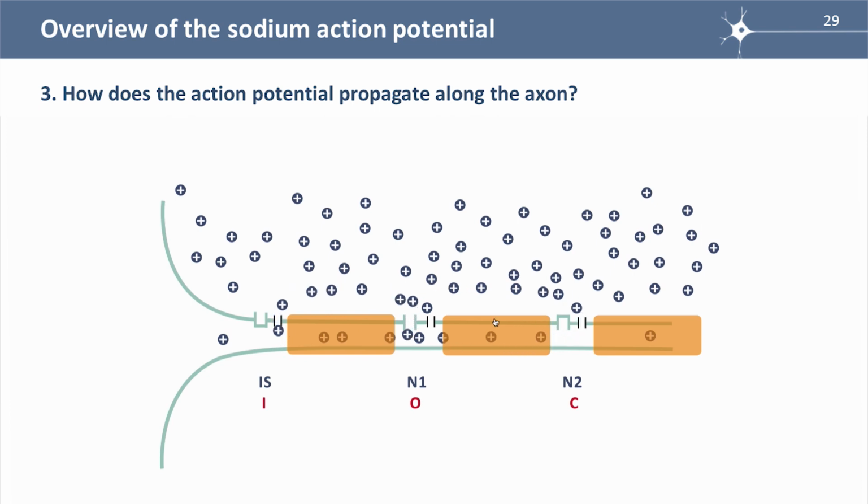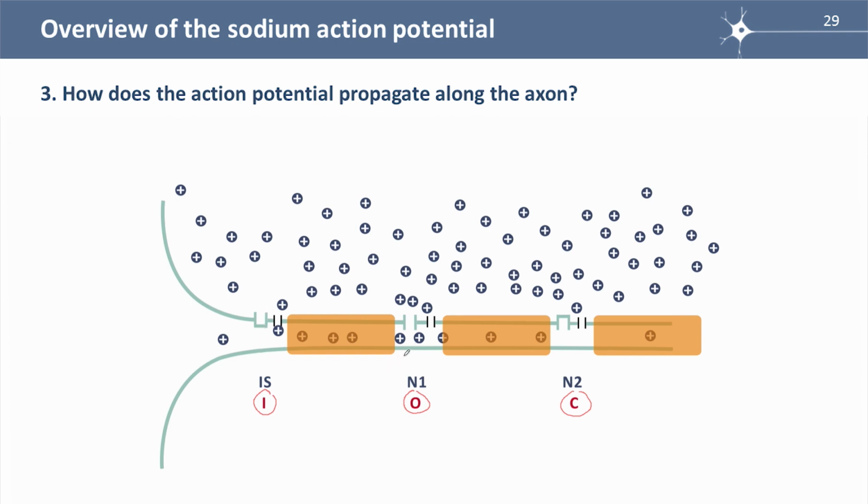And the charges are going up and down through potassium channels. The sodium channels at the axon initial segment are inactivated, those at the first node of Ranvier are open, and those at the second node of Ranvier are closed.